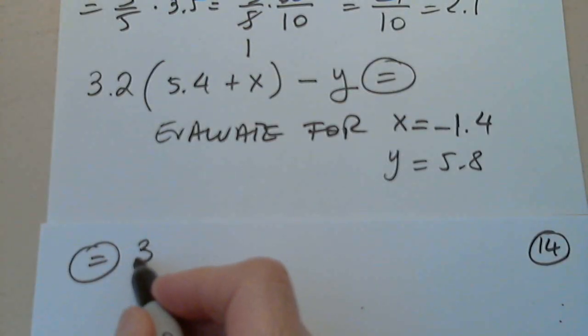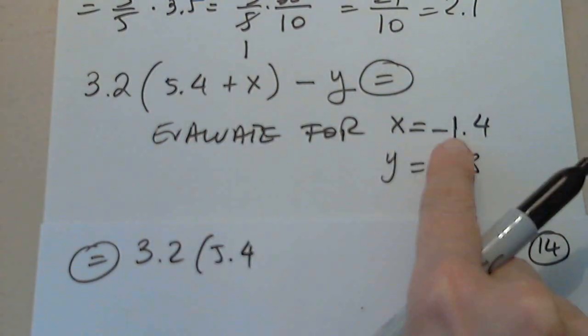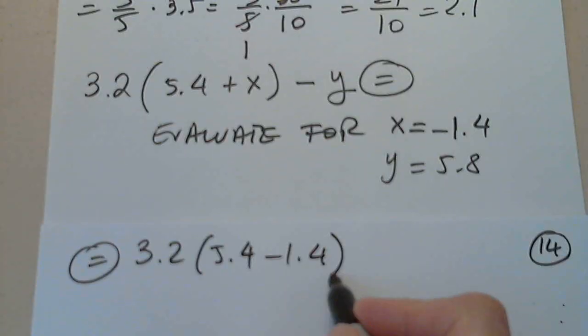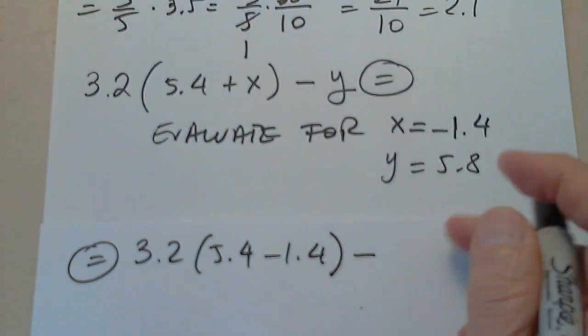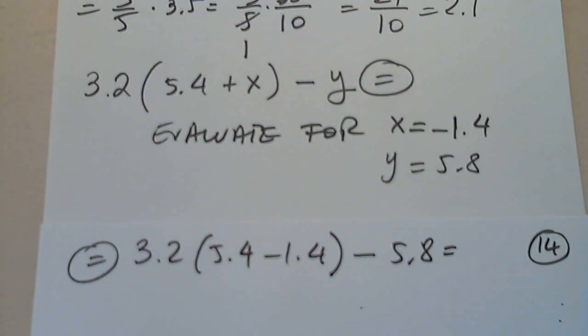Yes. So I have 3.2, 5.4. It's a plus here with minus. So I have to write negative 1.4 and then minus, and I copy 5.8. Perfect. That's the preliminary step. And now I have to simplify it. Take care of the parentheses?